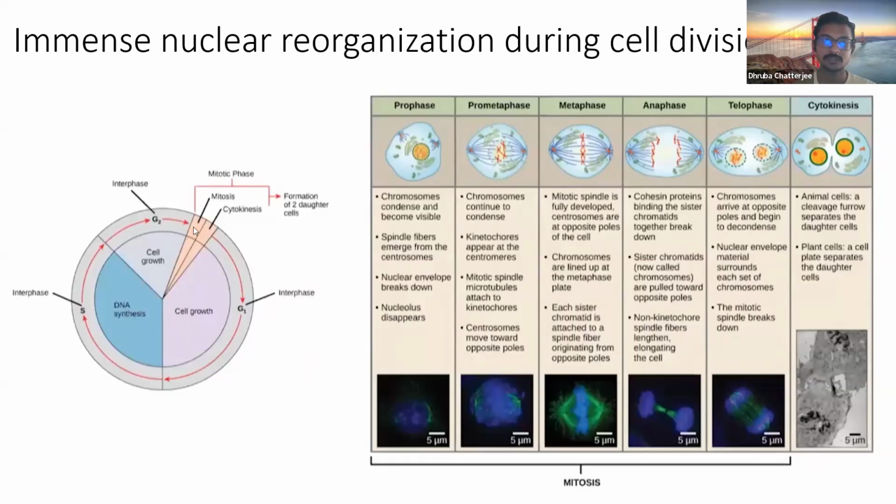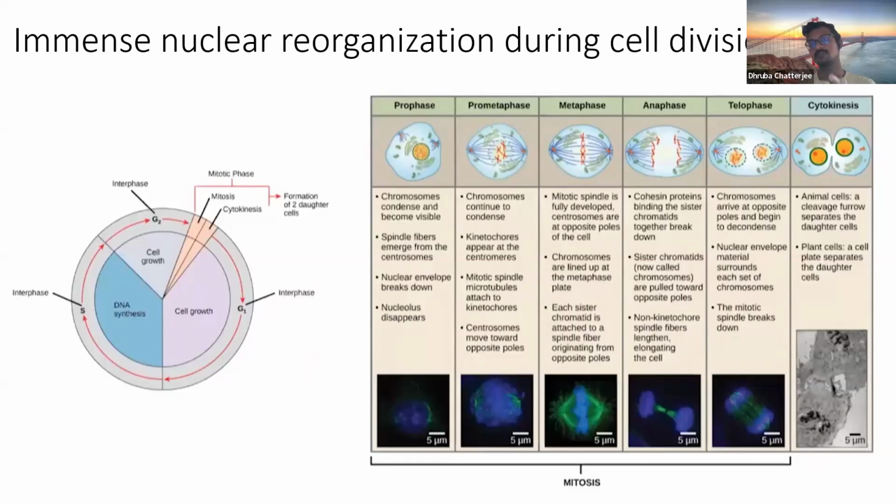So we will also look into the different phases of cell division in detail. In mitotic cell division, primarily there are two stages. One is the interphase, and then the typical mitotic stages of mitotic cell division, which consists of prophase, metaphase, anaphase, telophase, followed by cytokinesis.